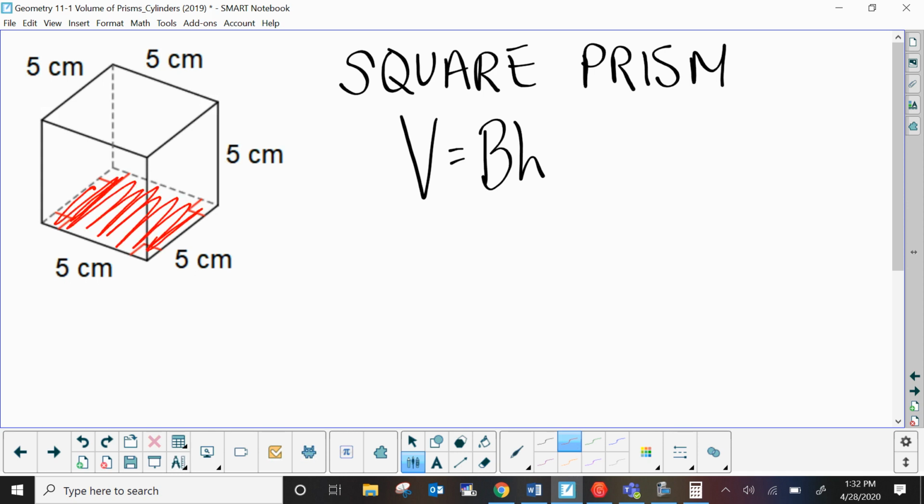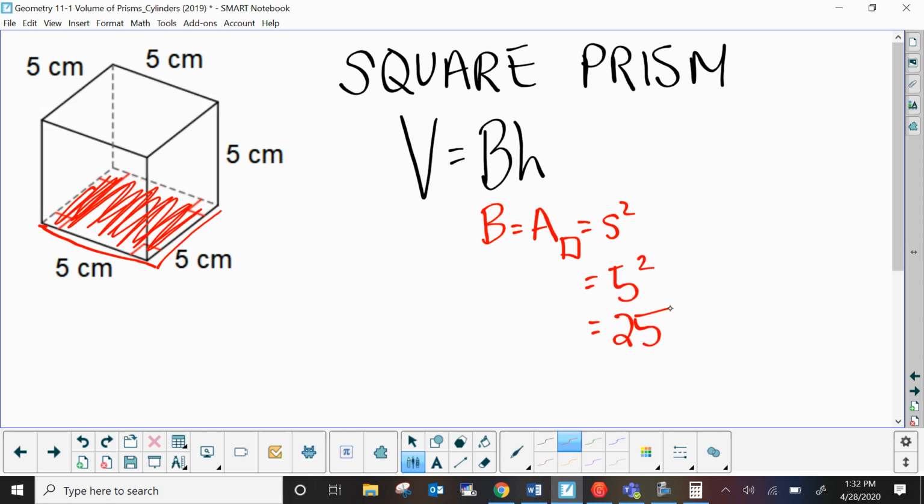In this case, my base is this square. So the base is equal to the area of the square, which is just side squared. Because each side is 5, this is just 5 squared, which is 25.